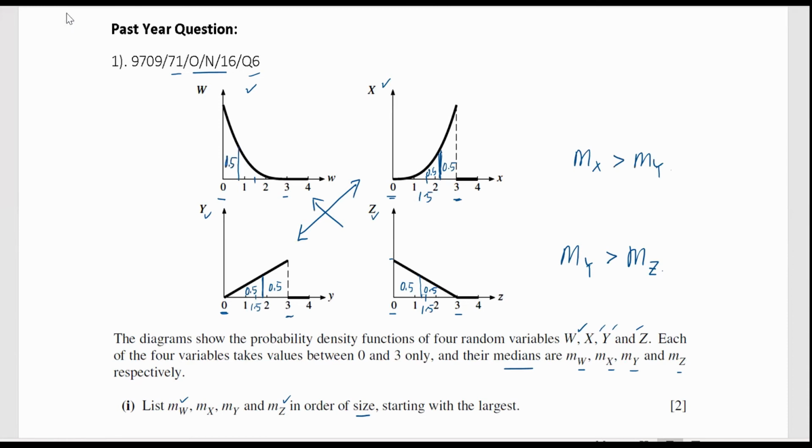Okay, so that means the median of z is greater than median of w.